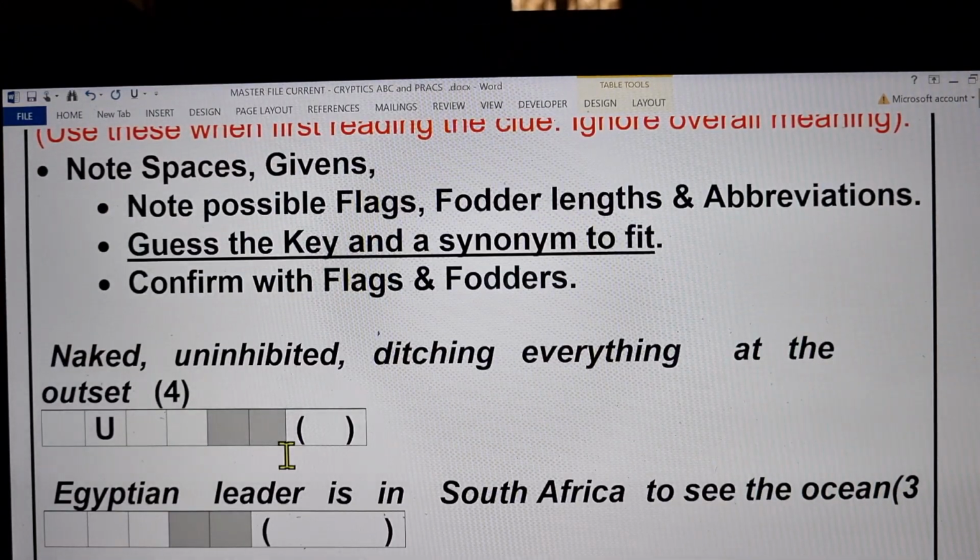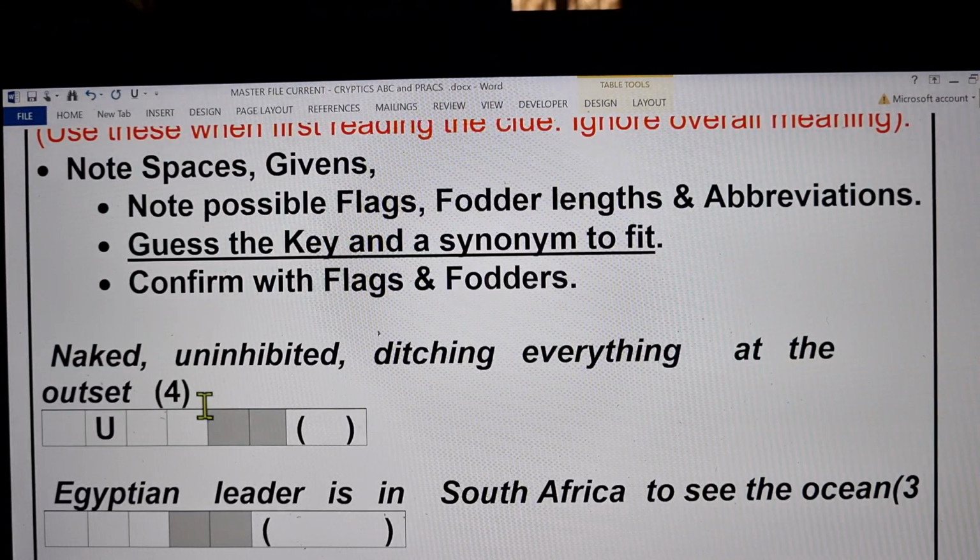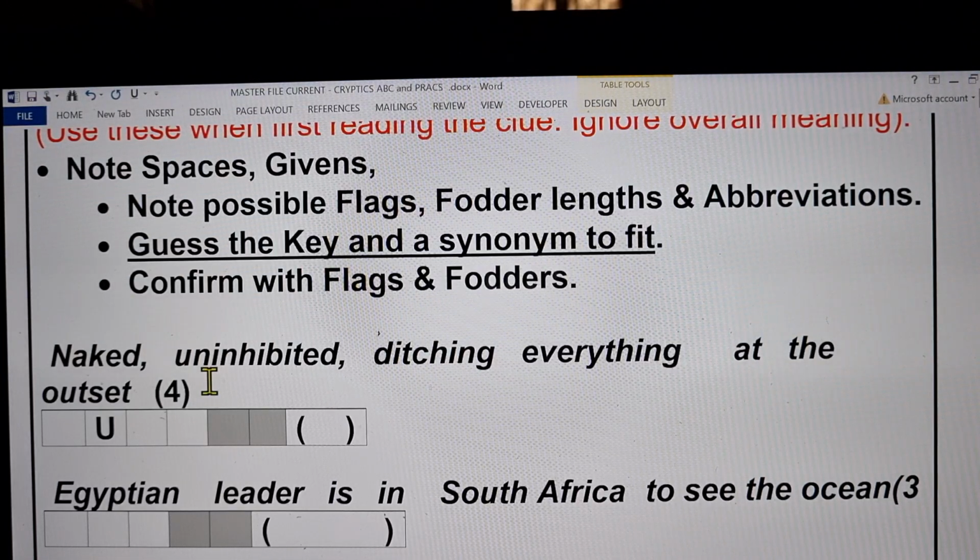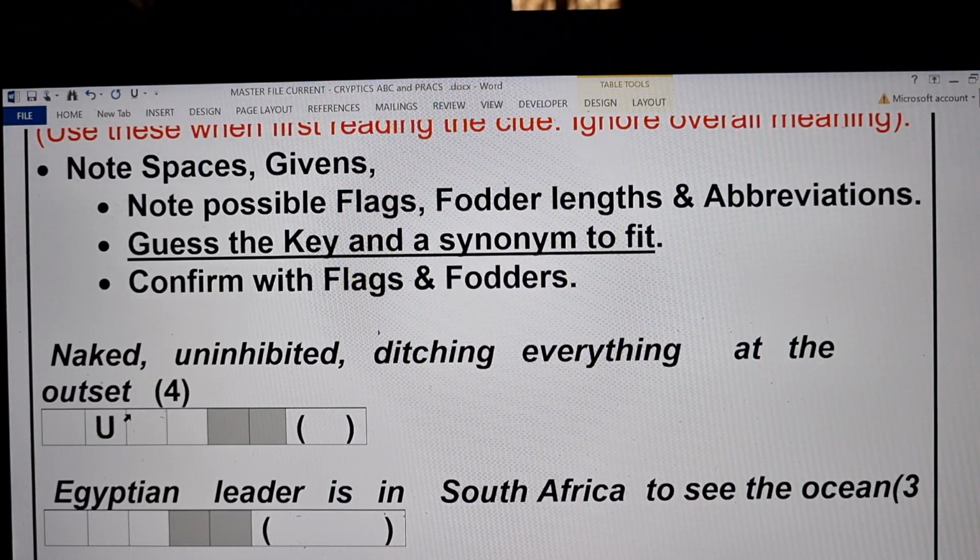Okay, here's an example. Naked, uninhibited, ditching everything at the outset. Okay, you don't start thinking of images. We don't look at their whole meaning, not yet. So, we have four spaces with a U given. Key, the flags first of all.